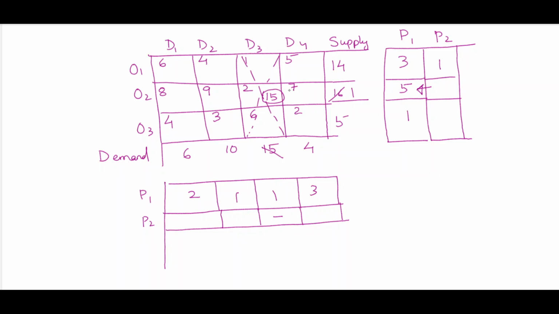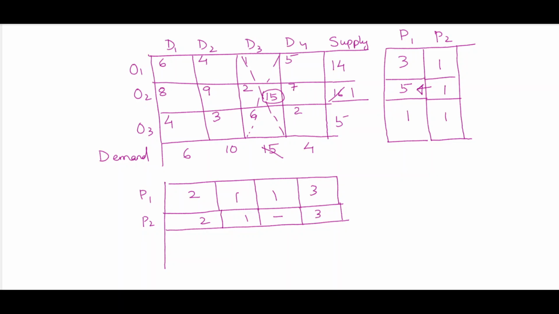Ignoring the cut column, we make a dash here. Likewise 7 and 8 difference is 1, 2 and 3 is 1. Column-wise, 4 and 6 difference is 2, 3 and 4 is 1, and 2 and 5 is 3.